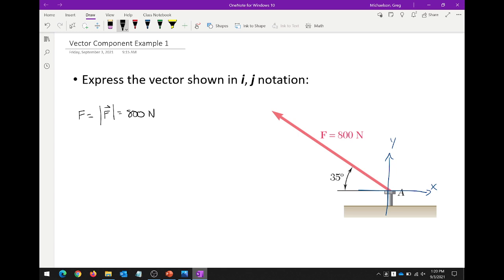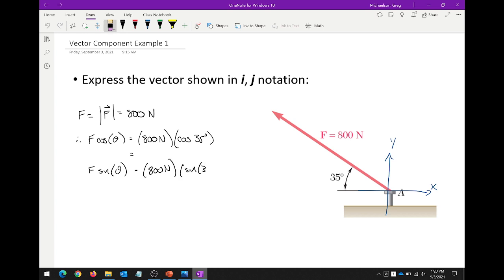Because the angle is measured from the x-axis, I'm going to compute F cosine theta, which corresponds to the x-axis, so 800 newtons times the cosine of 35 degrees, and then F sine theta, which is 800 newtons times the sine.